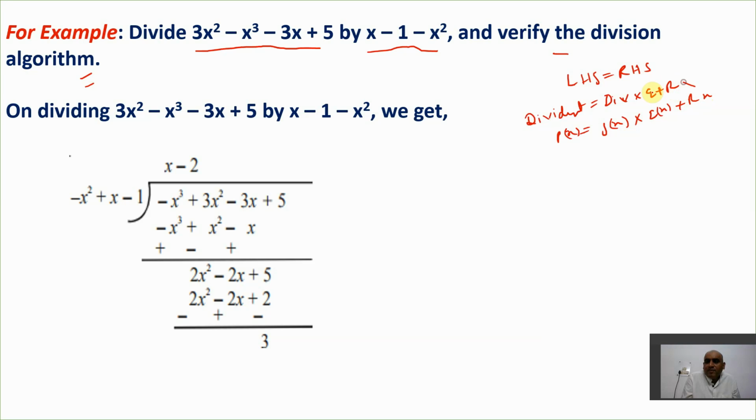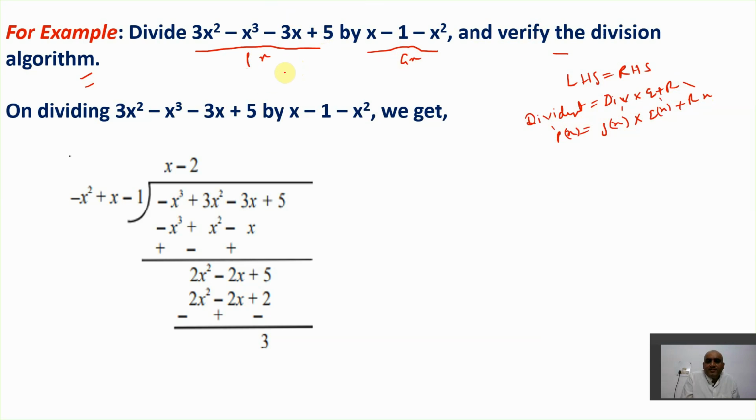Same thing. R for remainder, Q for quotient, this for divisor, this for dividend. So we need to divide this by this, so this must be G(x), the divisor.